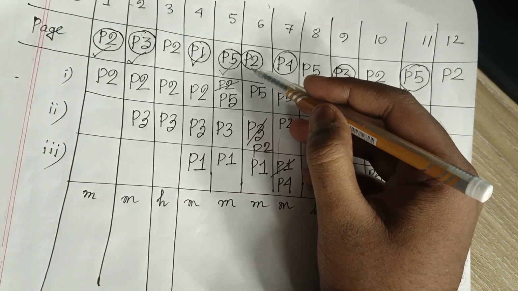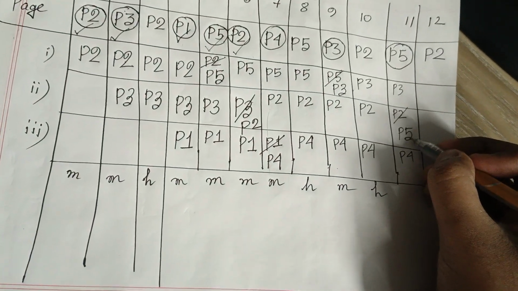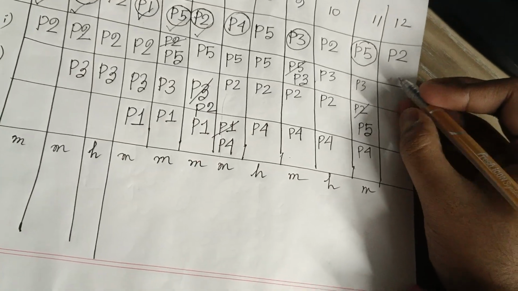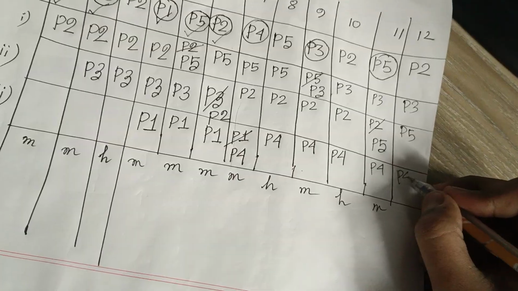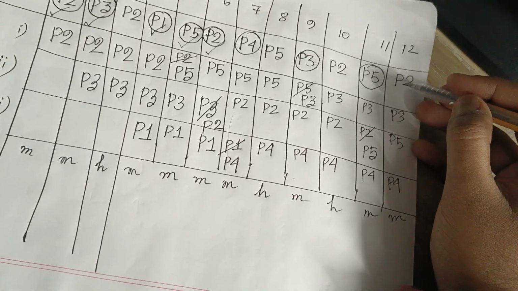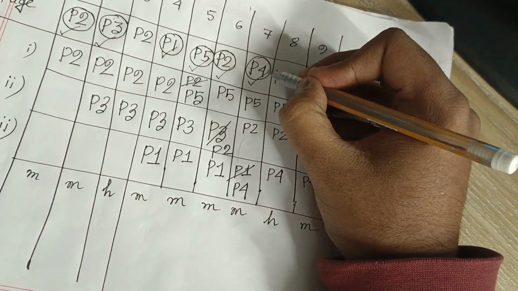P2. Yes, this is not marked. So this is a miss. Then in comes P3. First copy everything: P5, P4. Is it a miss or hit? It is a miss. Where do we put our P2? We will put our P2 in P4. So it is marked.